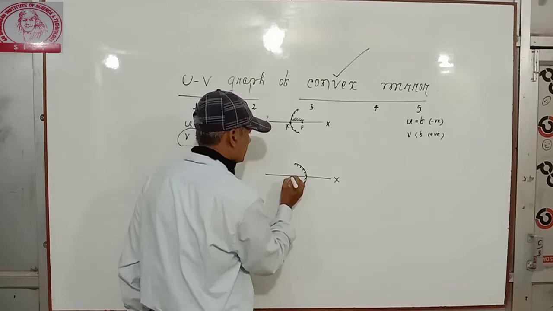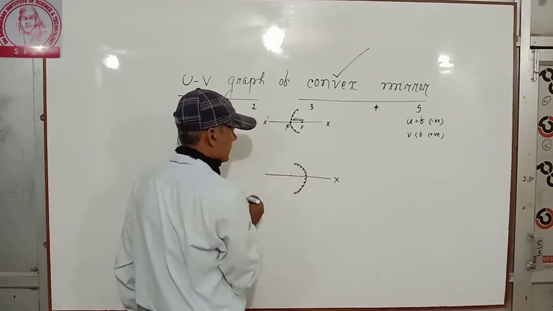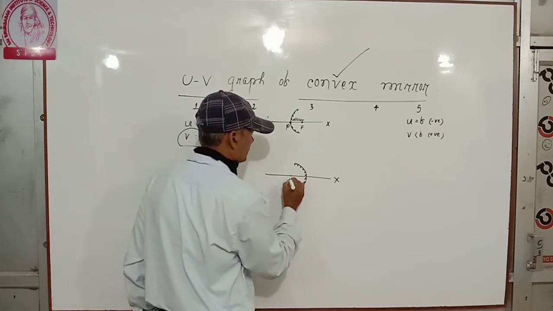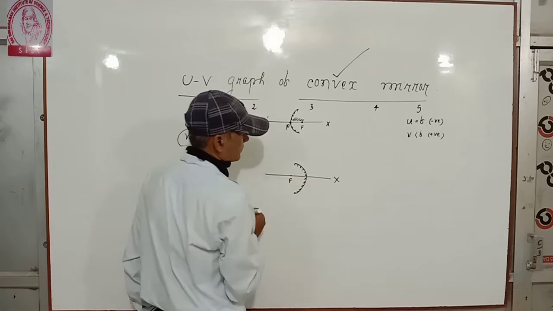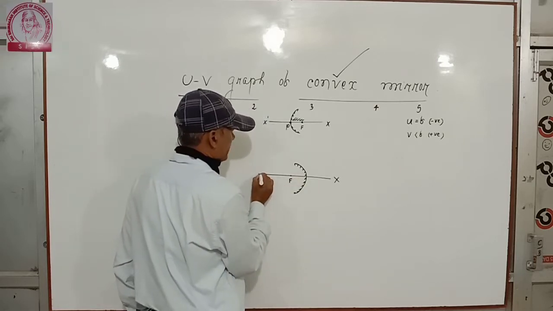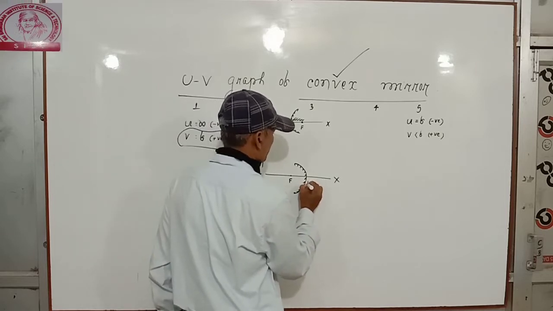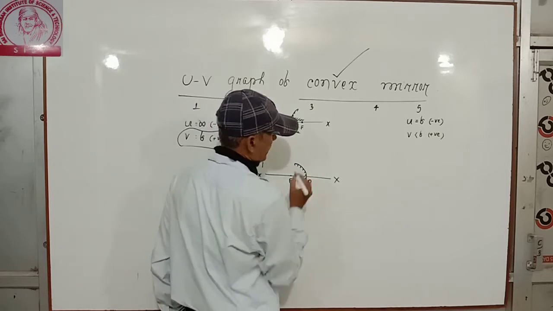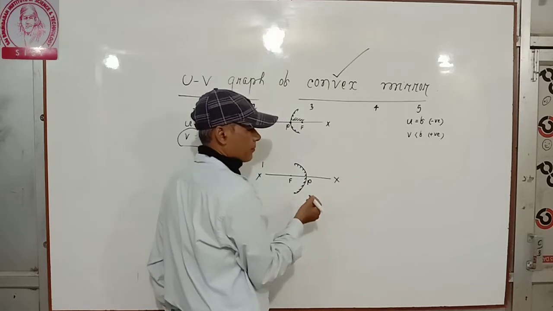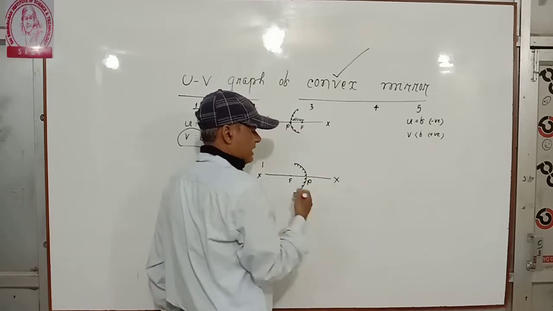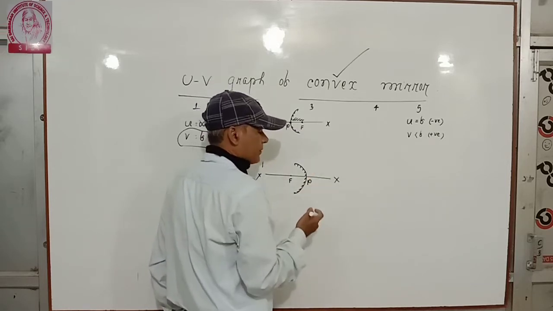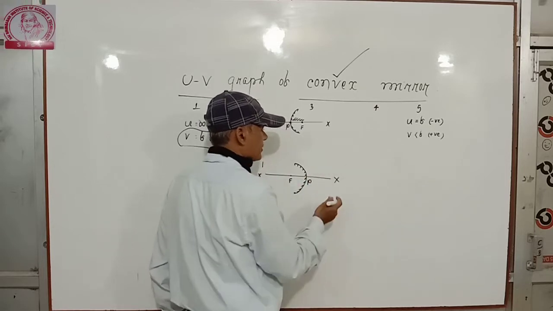So now let's say this is F. This is the negative x-axis, right? This is the pole. The object is placed at different positions.